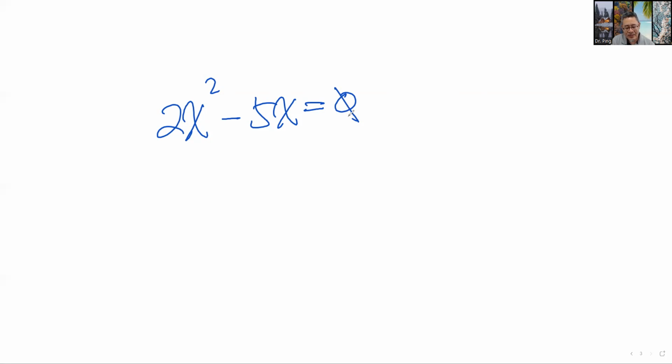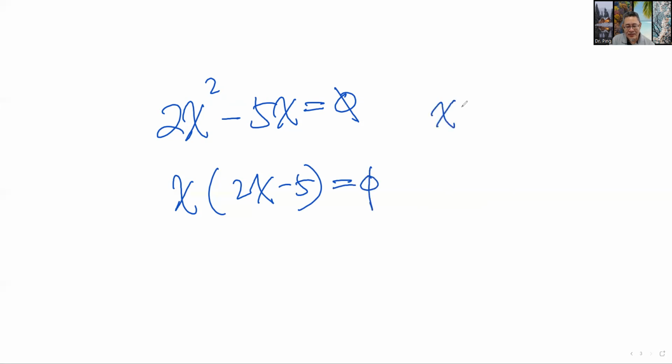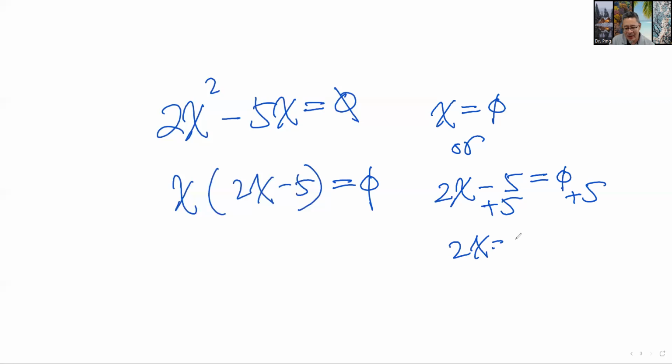So x times 2x minus 5. It's 2x minus 5 equals 0, so you add 5 on both sides, and we get 2x equals 5.